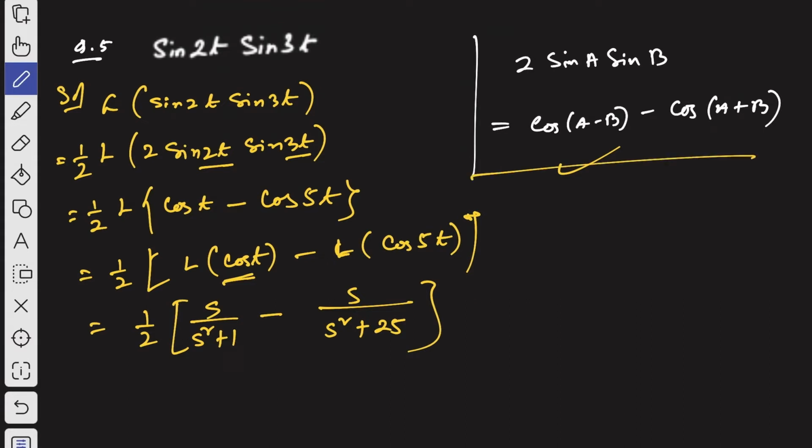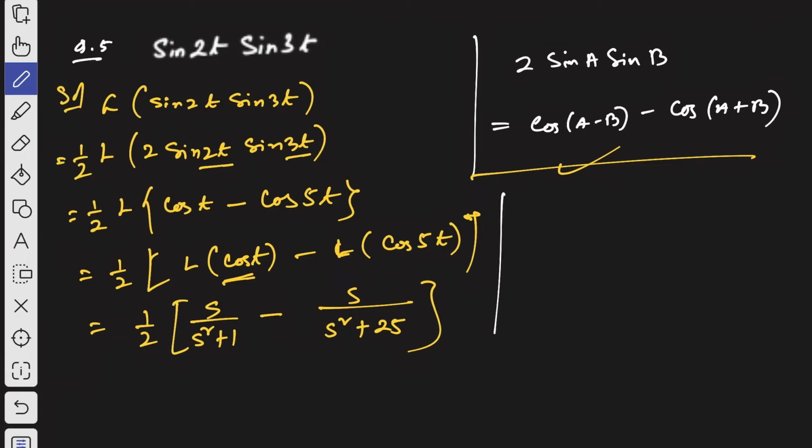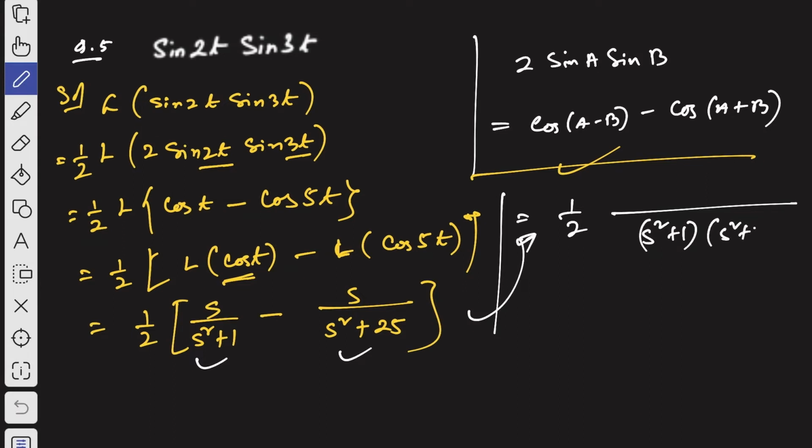So let me show this part. So half, if you take LCM, what we will get? LCM of these two will be s square plus 1 into s square plus 25, and from both cases you can take s common, right? s into, then s square plus 25 minus s square plus, instead of plus there will be minus, right?